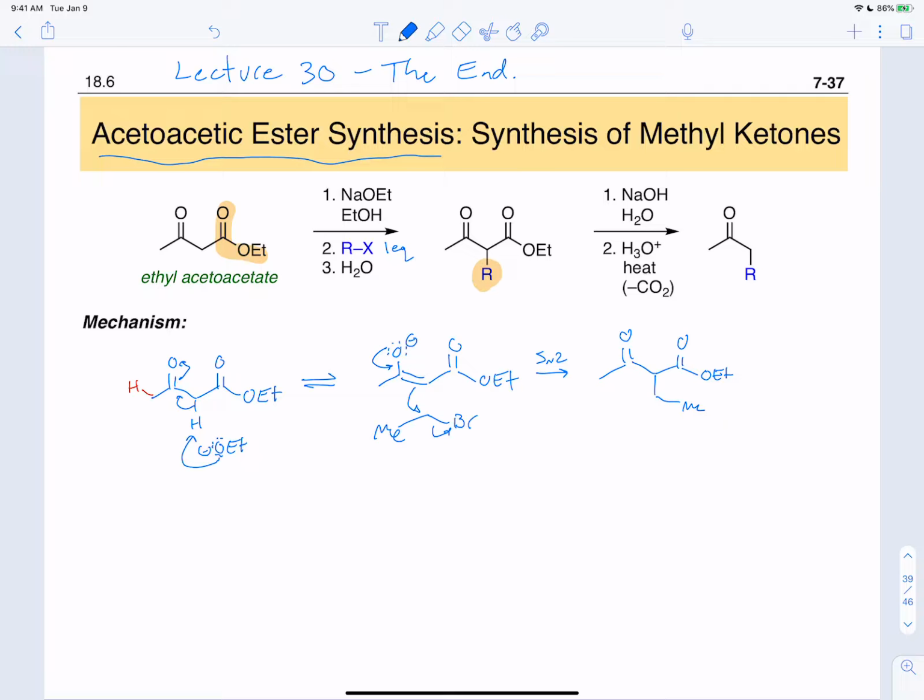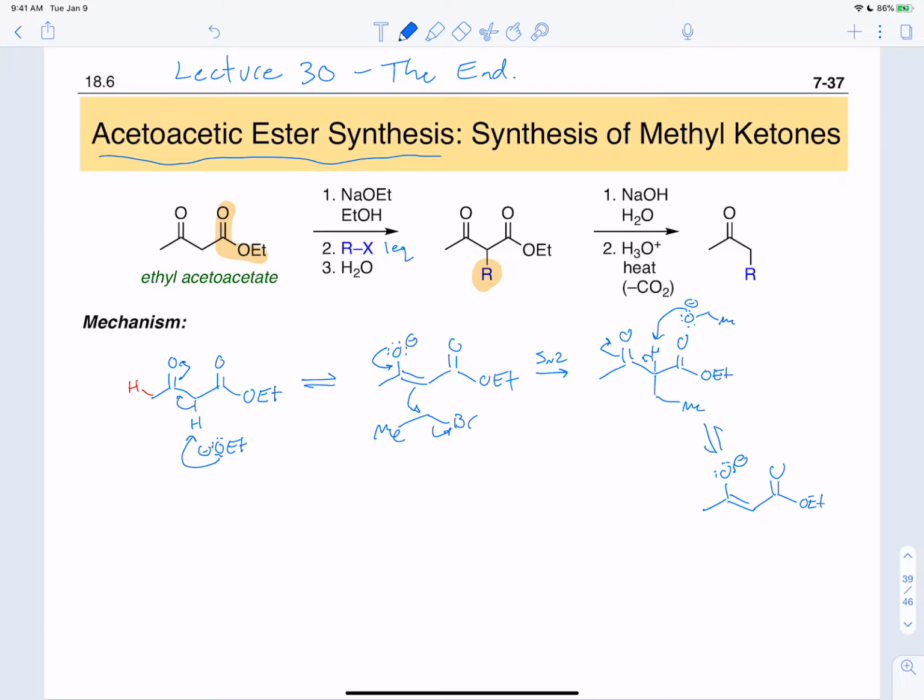And if we still have a lot of extra base around, this may get deprotonated. We'll take this hydrogen. We'll re-enter this equilibrium. That should be pretty favorable given the pKa's of ethanol and the acetoacetate.